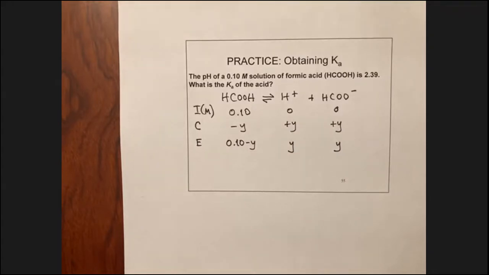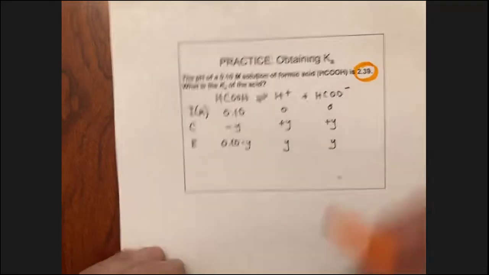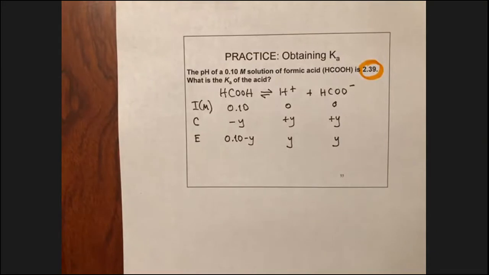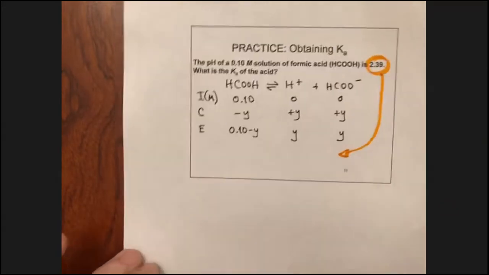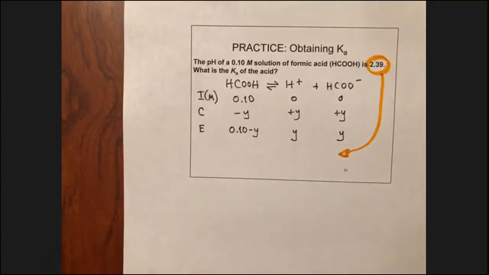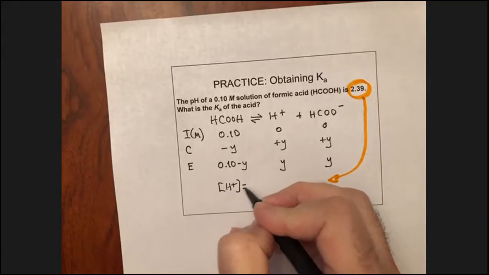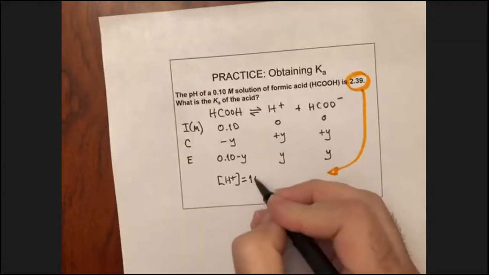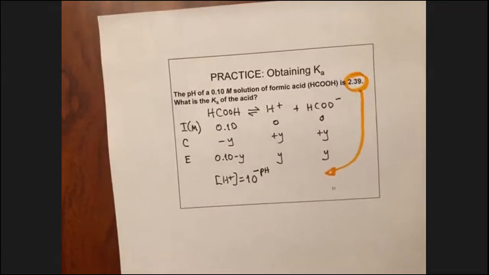How do we know that? Oh, because we have the pH. I'm looking for my highlighter. We have the pH. So from the pH, we can calculate, right, that the concentration of hydrogen ions would be 10 to the minus the pH. That's what we learned earlier. So let's see what that is.